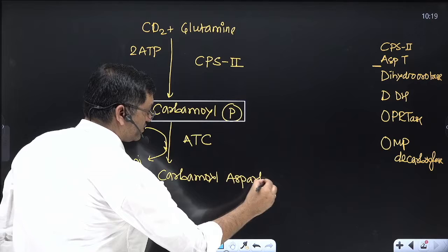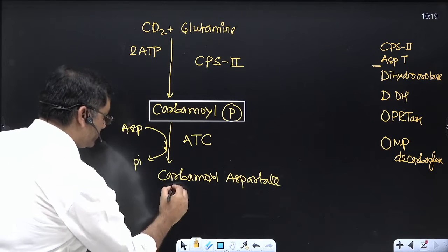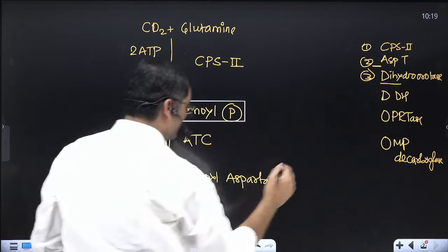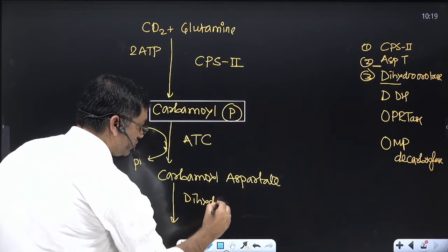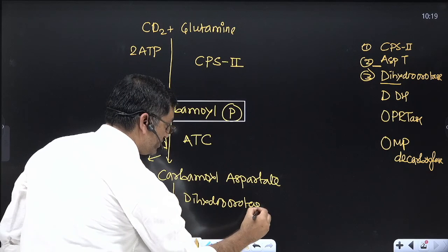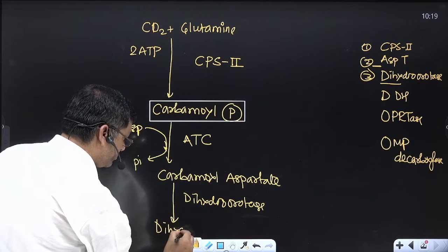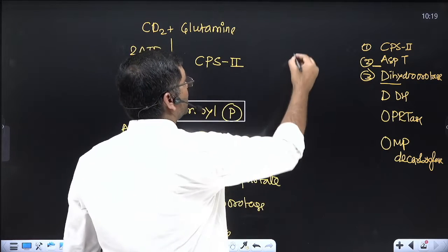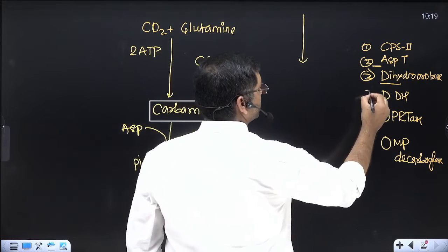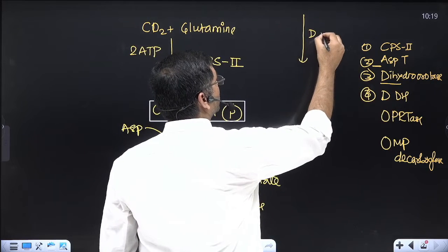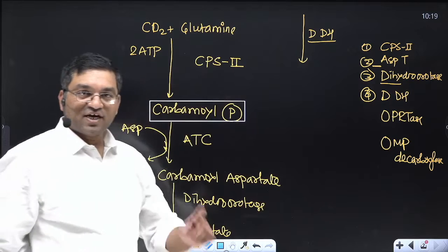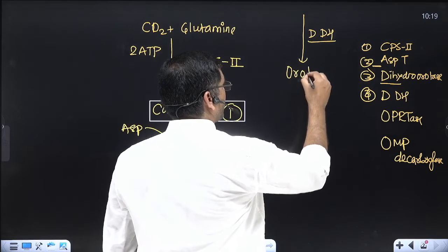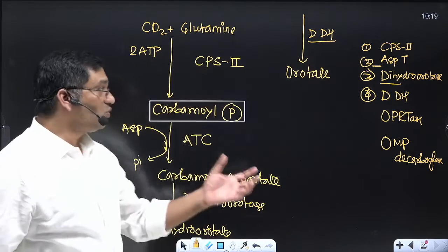This carbamyl aspartate is converted, with the help of the third enzyme dihydroorotase, into dihydroorotate. Now this dihydroorotate, with the help of the fourth enzyme dihydroorotate dehydrogenase, is converted into orotate, or orotic acid.